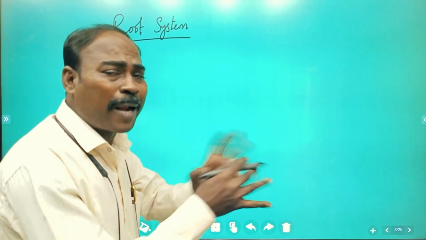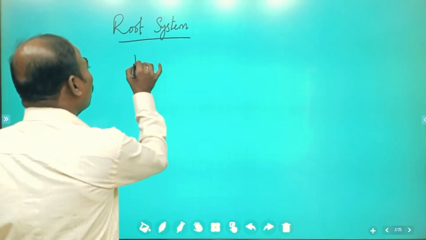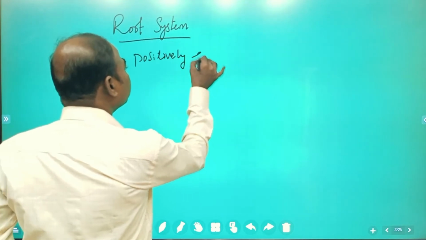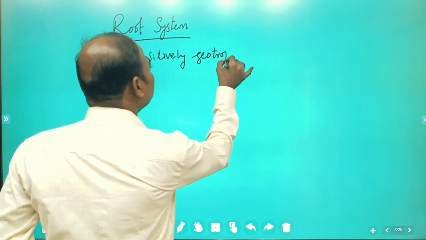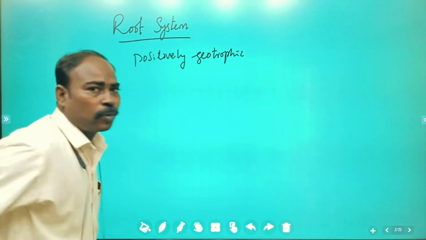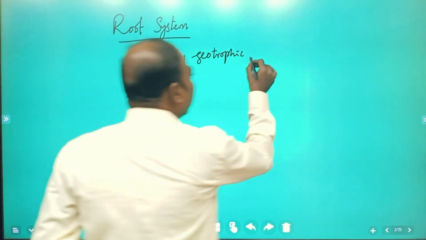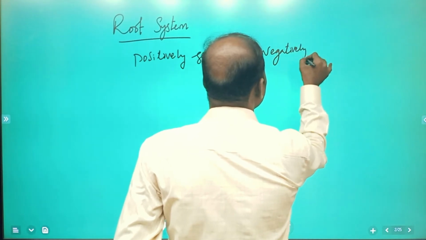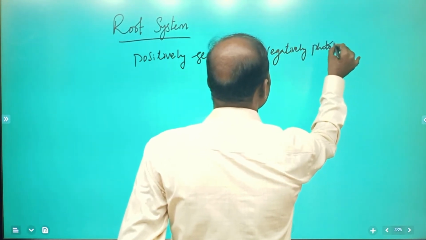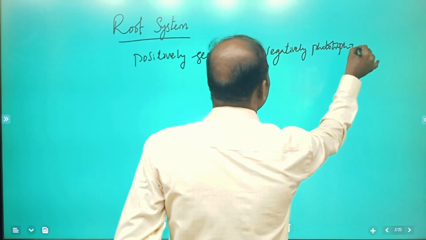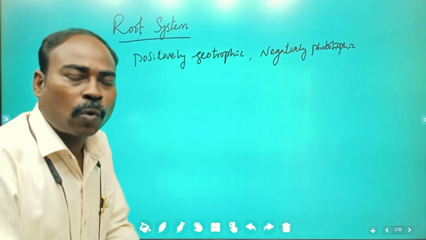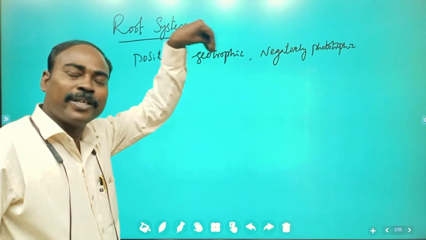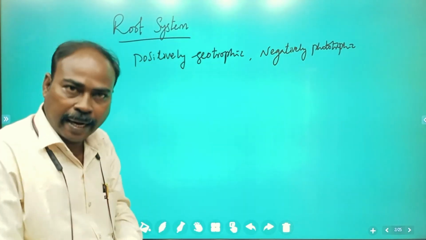The roots of a plant grow towards the soil, positively geotropic, negatively phototropic. Positively geotropic, negatively phototropic, means the roots always grow towards the soil.